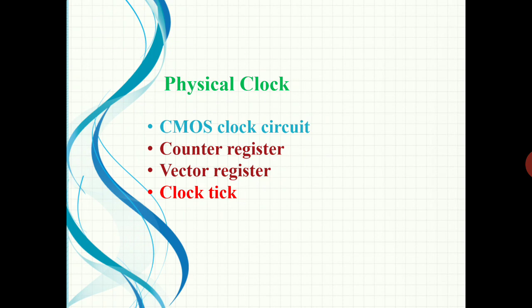There are two registers associated with the clock crystal. The first one is the counter register and the second one is the holding register. On the screen it is showing a vector register. It is wrong. It is the holding register.